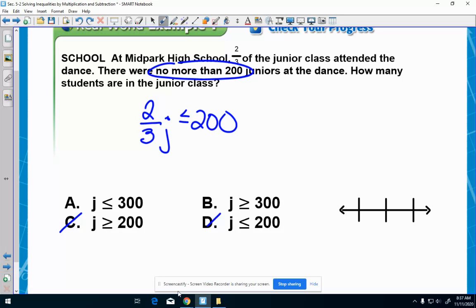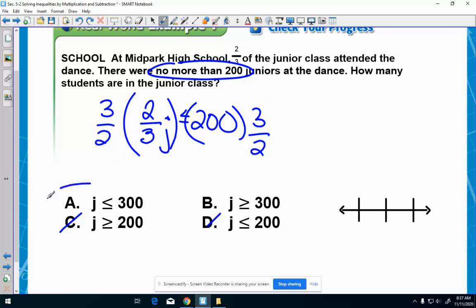Is my sign going to change here? Why not? Okay, so I'm not dividing by a negative number, so therefore my sign is not going to change. So you could either divide by 2/3 or you could multiply by the reciprocal, which would be 3/2. But your answer should be choice A.